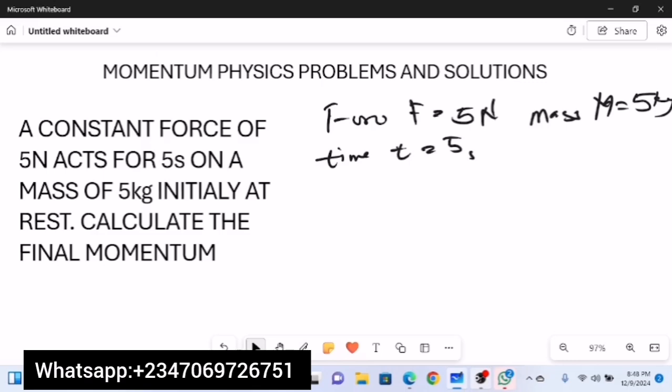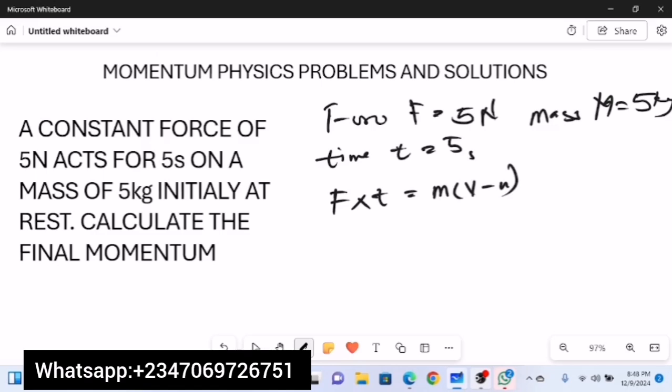So in the first video, I explained that impulse, which is force times time, is equal to the change in momentum, which is m multiplied by v minus u, which symbolizes change in momentum.